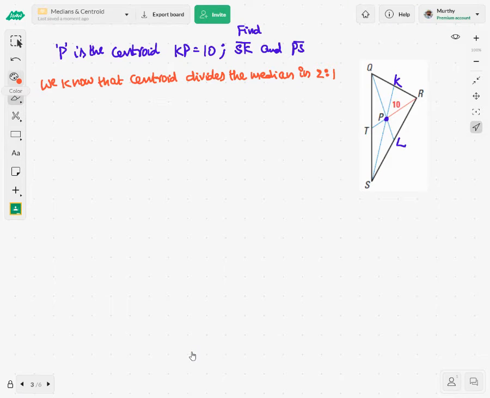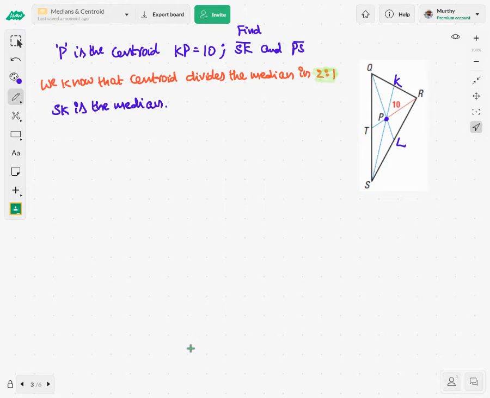Please do remember this ratio, 2:1. Okay, now coming to the question, I see that SK is the median. That is the whole length, right? So SK is the median, and I don't know what is the total length of that.